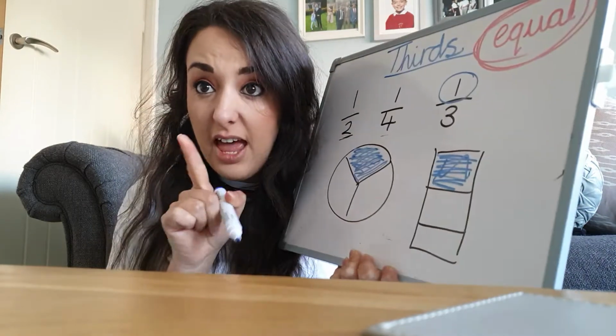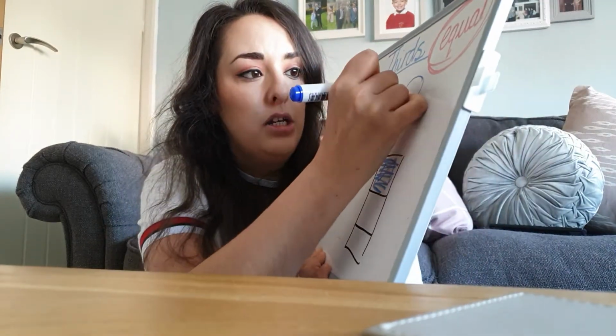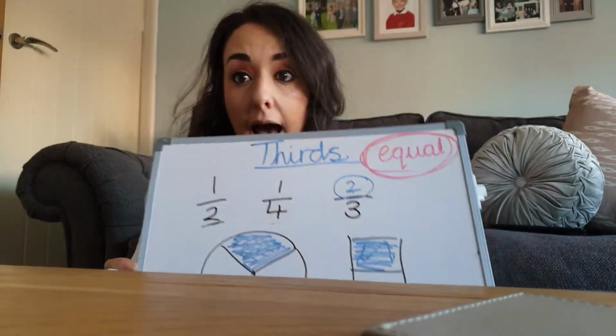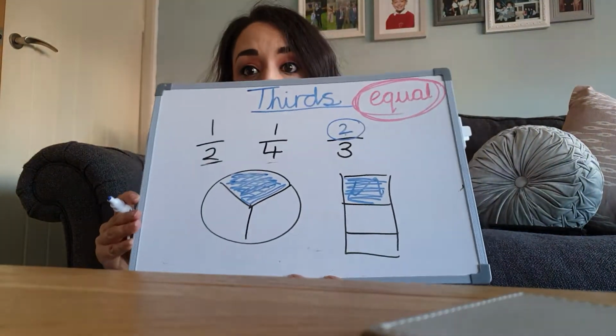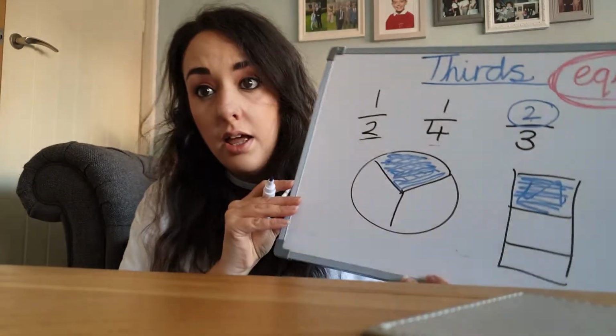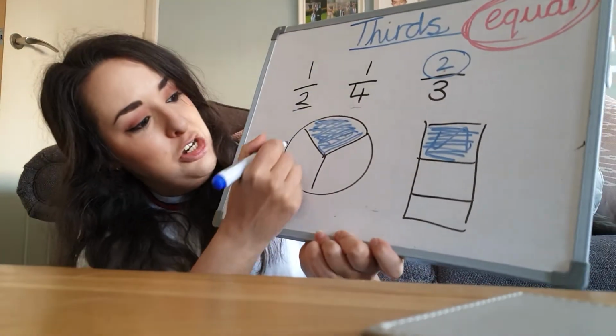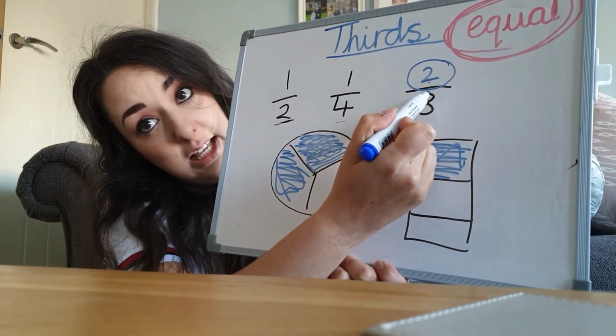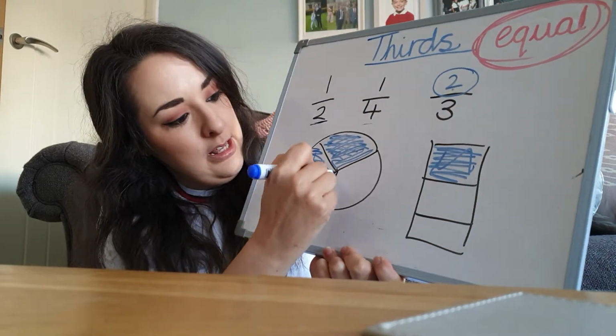What if I then change the 1 into a 2? So the numerator is now a 2. How many thirds should I colour? That's right, I should colour 2. 2 of the thirds, because that's what it says here, 2 thirds.